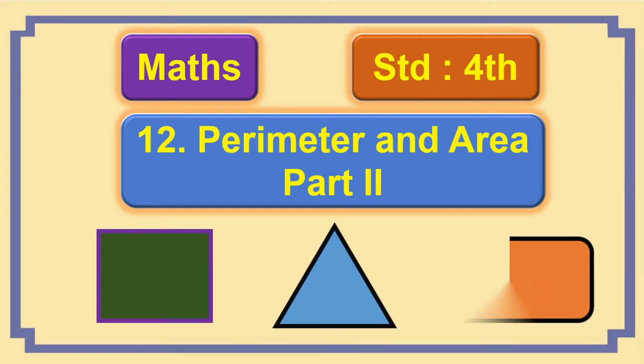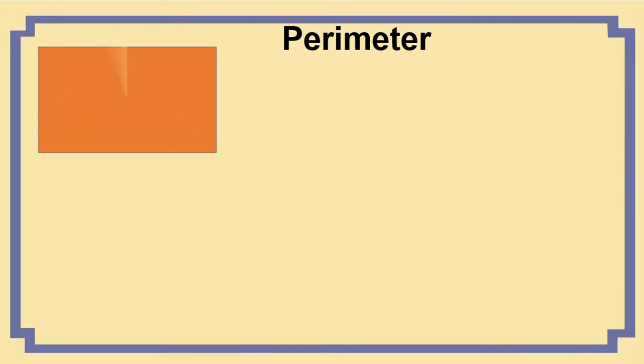Yes, dear children, before going to area, we will take a quick recap of the perimeter. You can see here a rectangle, and in perimeter we count only the borders, or we take into account only the measurement of the sides, isn't it?